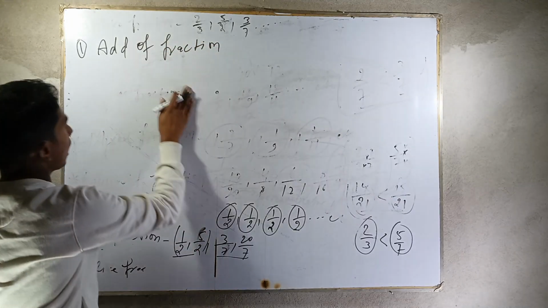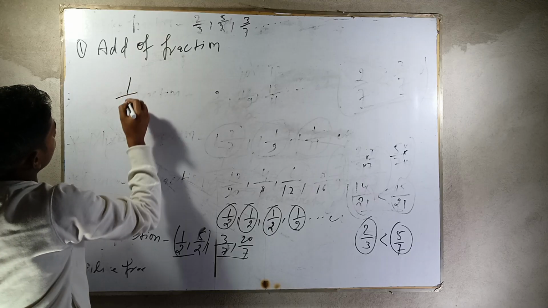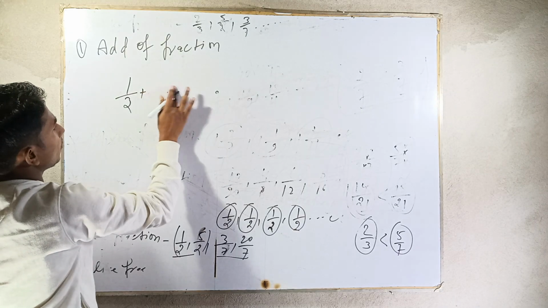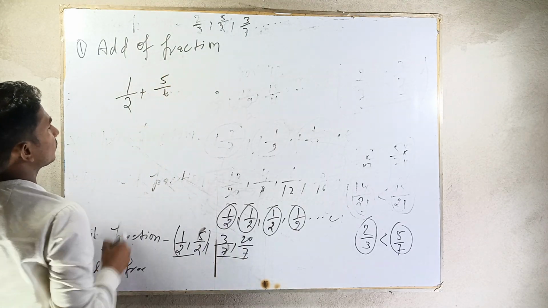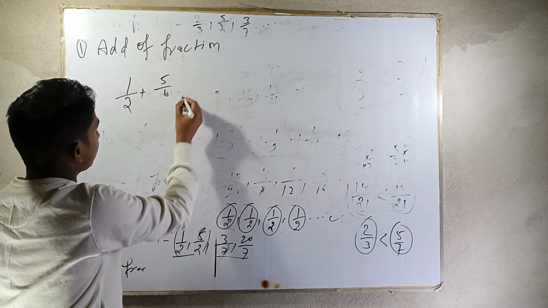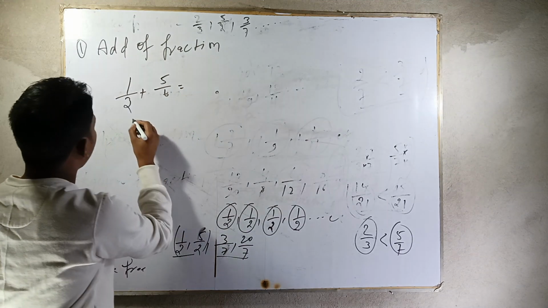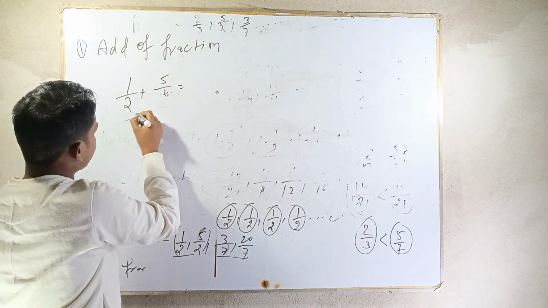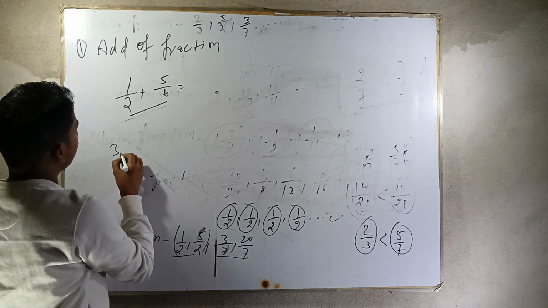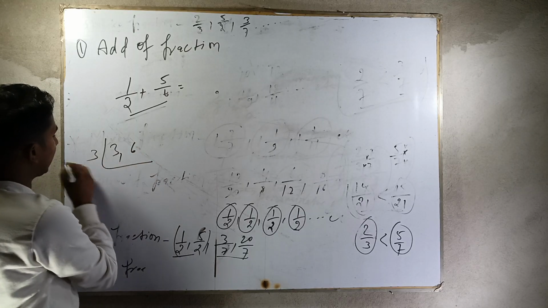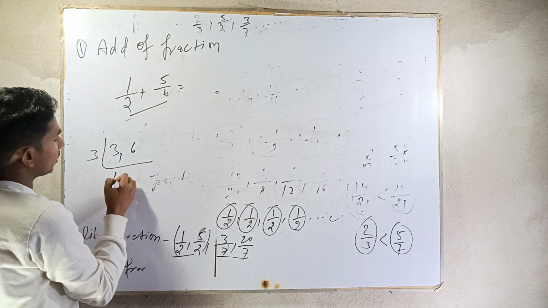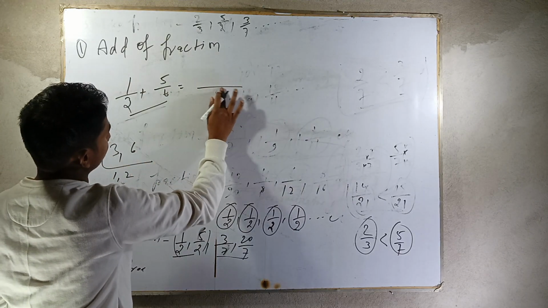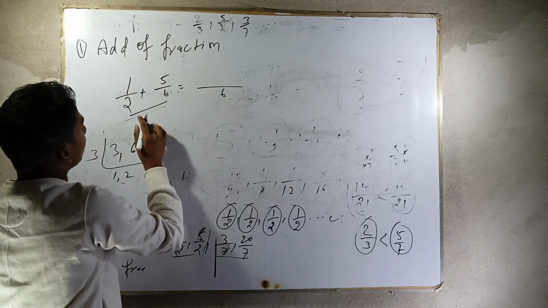Suppose I have 1 by 3 plus 5 by 6. In this case, we take the LCM of both denominators, 3 and 6. If I take the LCM, it will be 6.